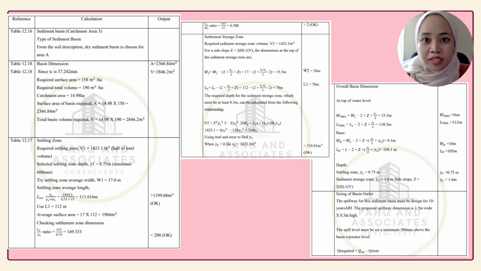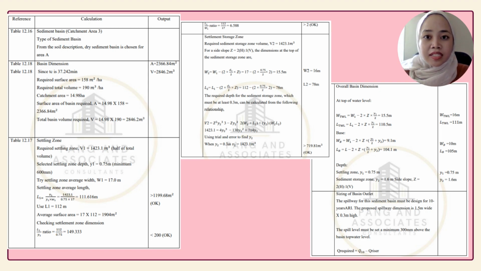For the L1 per W1 ratio, we get 6.588, which is larger than 2, which means okay. Next, by using trial and error to find Y2, we get 0.3 meter, and for V2 we get 1,428.1 meter cube, which is larger than 719.81 meter cube, which means the design is okay.